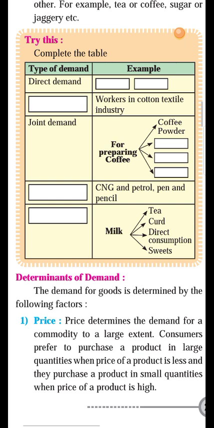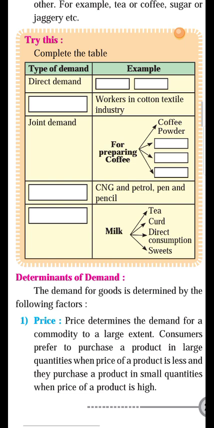The fourth type of demand is competitive demand. Competitive demand means where 2 substitutes compete with each other. For example, CNG and petrol. CNG, compressed natural gas. CNG and petrol have competition.